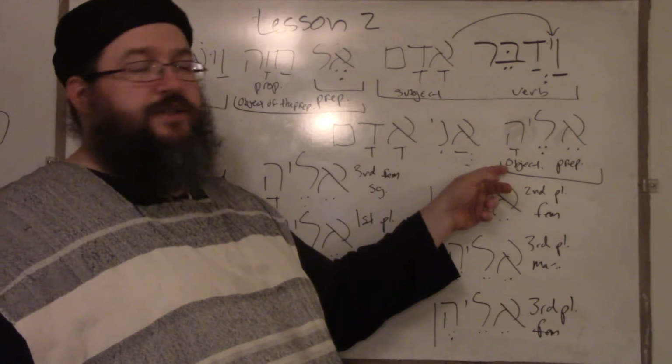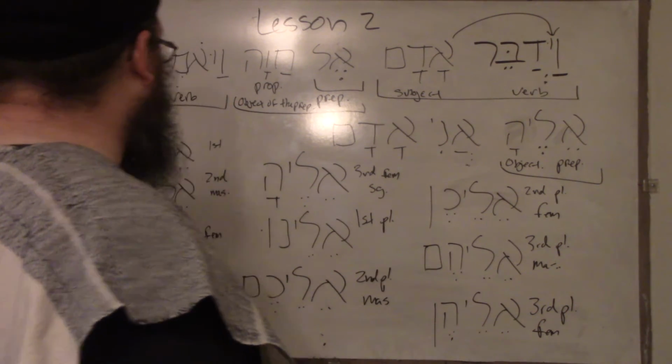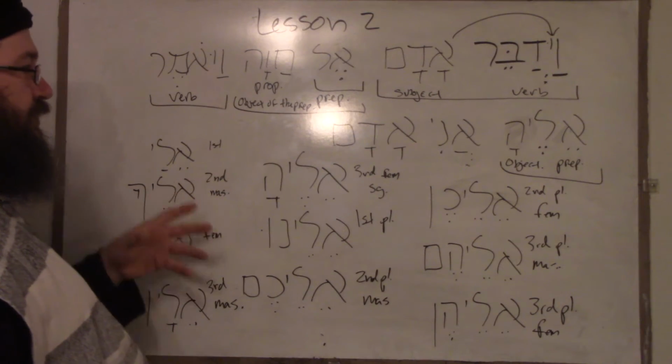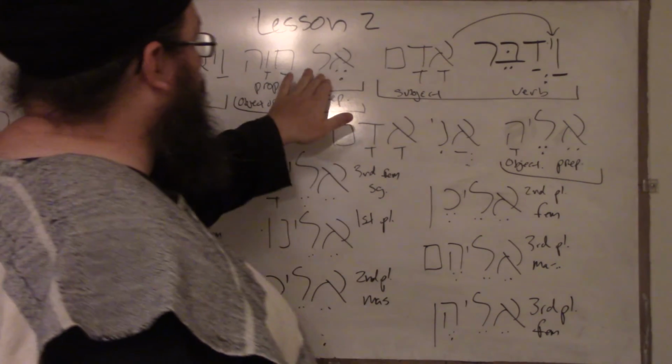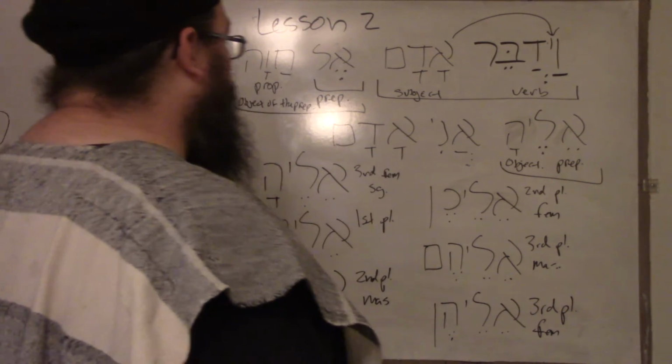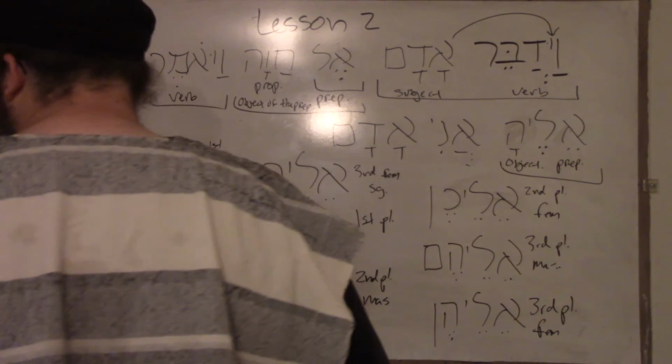Okay, and that's what we're using as the objective pronoun. So here when we attach the objective pronoun to it, we translate it unto, just like the L means, and then we just add the objective pronoun her onto it, so now it's unto her.